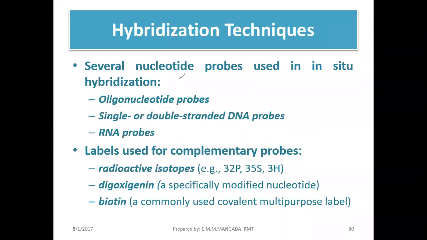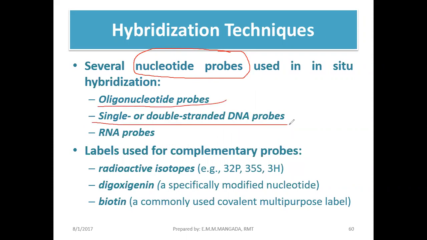Again, the nucleotide probes, guys, are complementary nucleotide sequences that we will be using to detect the unknown nucleotide sequence. For example, we have the oligonucleotide probes, single or double-stranded DNA probes, and RNA probes.